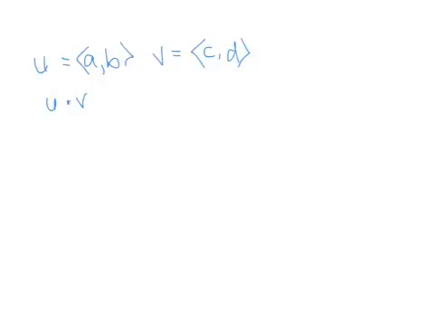U dot V, that's how you read it, is equal to A times C plus B times D. No little parentheses, no nothing. So the dot product of 2 vectors is the product of the first components plus the product of the second components.